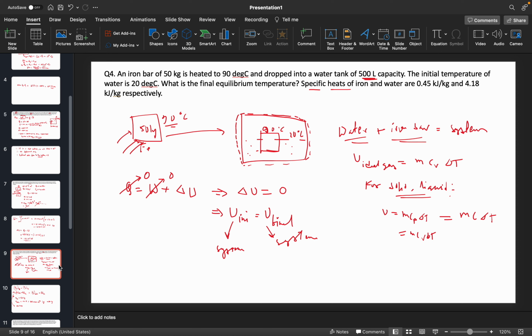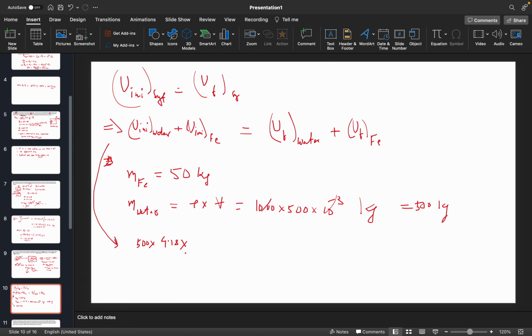Now there comes a trickier part. Should I convert this into Kelvin, or should I put it in this one? The unit is wrong, sorry, it should be kilojoule per kg Kelvin. So I'm writing this one as the same 20.